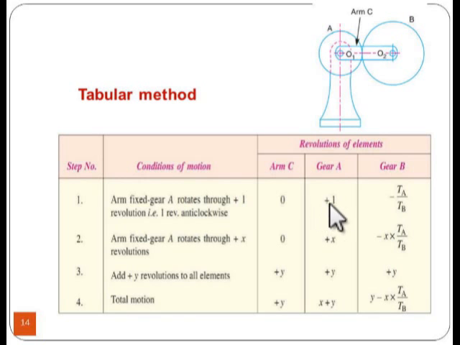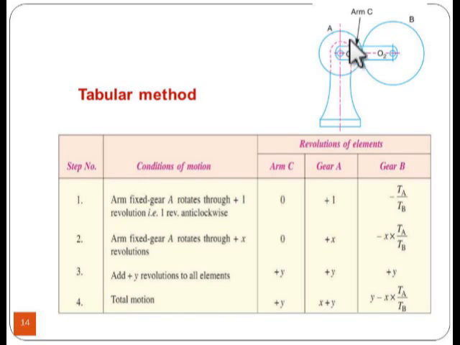I am giving +1 rotation to gear A. In that case, the speed of gear B will be NB by NA is equal to TA by TB, because A is the driver and B is the driven. We have to find out the speed NB. NB by NA is equal to TA by TB.